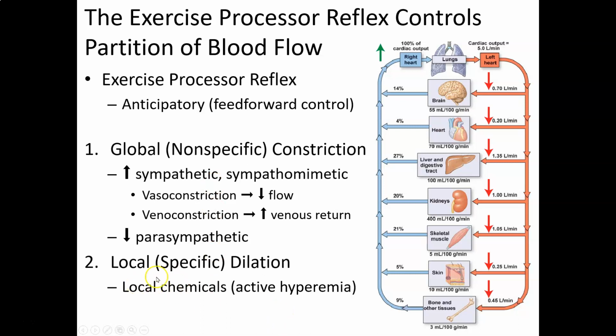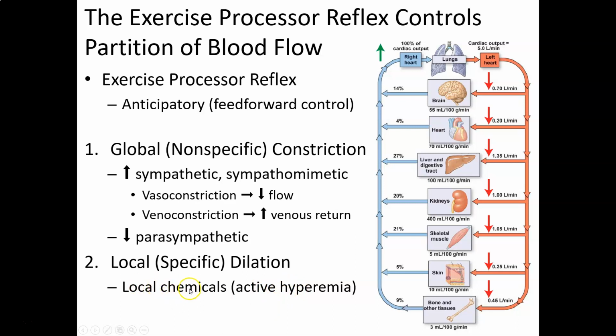as you start to exercise, you're going to produce those local chemicals, and those local chemicals are going to cause dilation. Okay, so we talked about all the local chemicals that are released around a blood vessel that cause dilation. And because of that, we're going to get something called active hyperemia. That's because the local chemicals are generally related to metabolites.